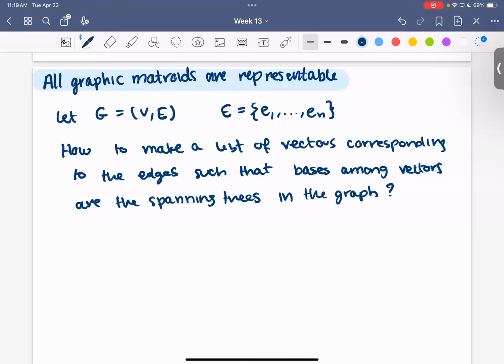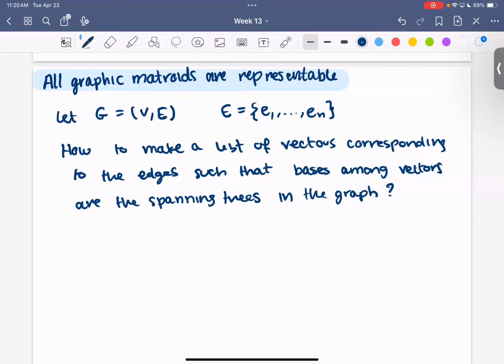Does anyone have an idea for what the vectors should be? Yeah, I guess this might be a bit convoluted, but the number of vertices would be your dimensions. And then your two endpoints are the only nonzero entries: everything is zeros in the vector except for the dimensions of the two endpoints.